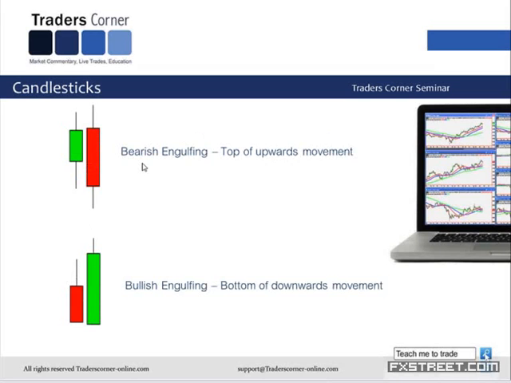Now the bearish engulfing and the bullish engulfing candle. The bearish engulfing candle you find at the top of an upwards movement. If we take a look at these candles, this candle opened up here, pushed up. It's an okay candle. It's quite positive. But if we look at this next candle here, the wicks of this completely engulfed the whole of this previous candle here.